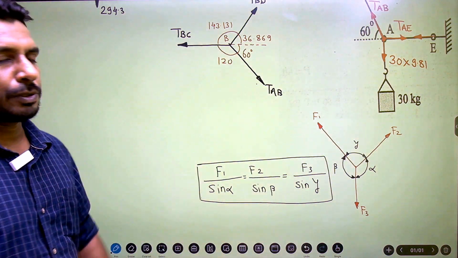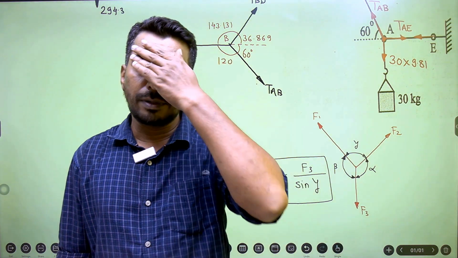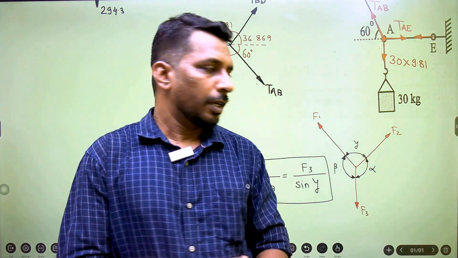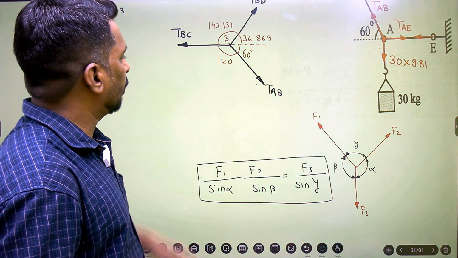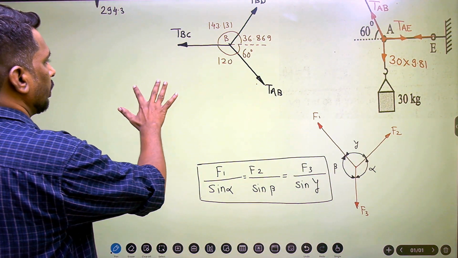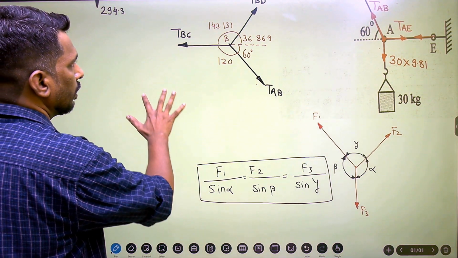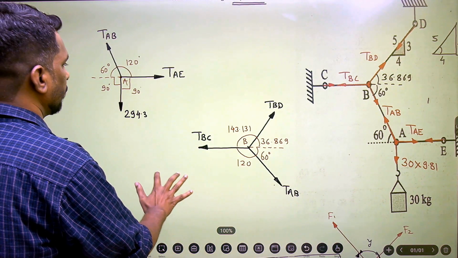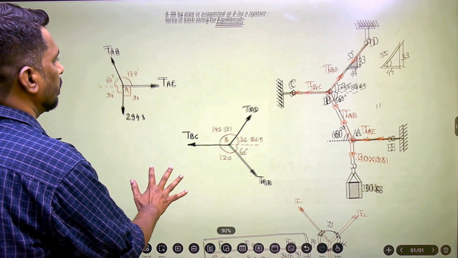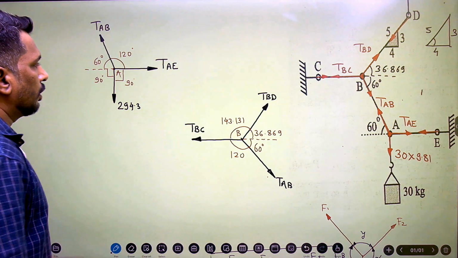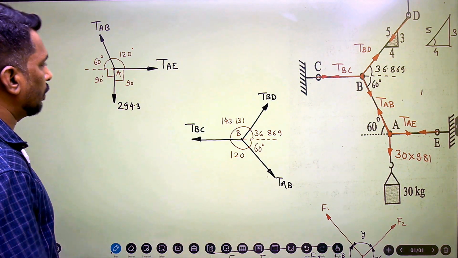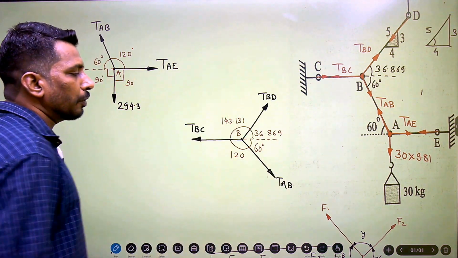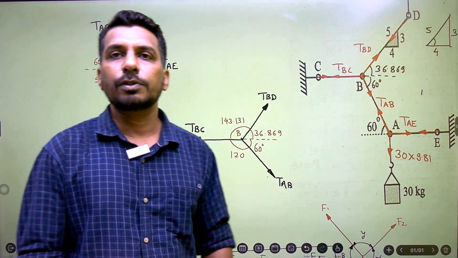The force is proportional to the sine of angle between other two forces. So same theorem we are going to use over here, okay? But in order to solve this, we must know at least one force. And if you consider these two FBDs, here all three forces are unknown to you.